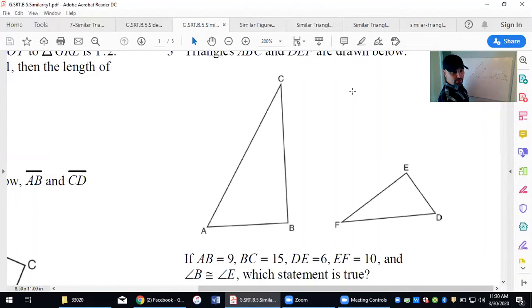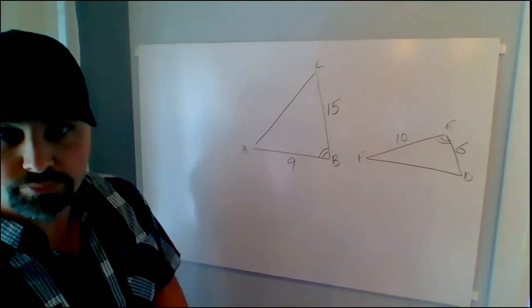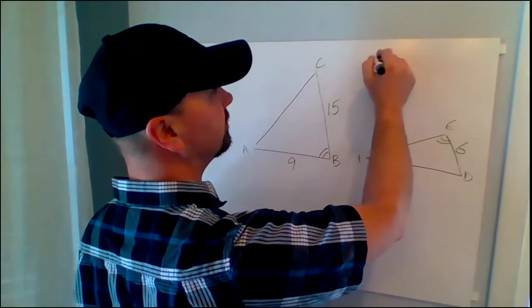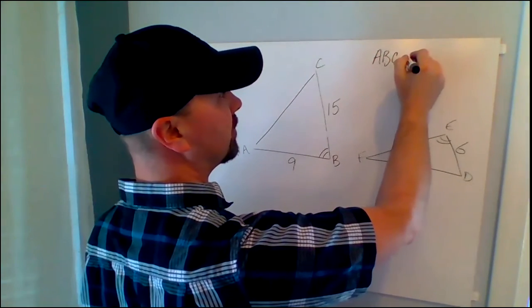And if angle B is equal to angle E, which statement is true? All right, so I don't really care so much about that particular question. I just like that they're not oriented the same. So we have to pay attention to our labels.